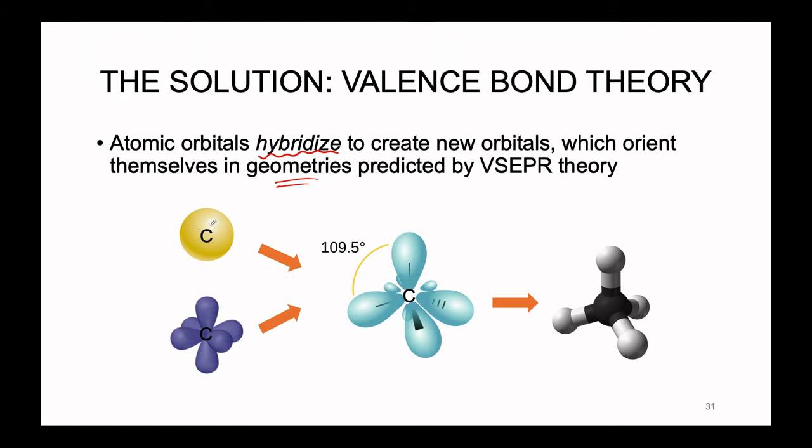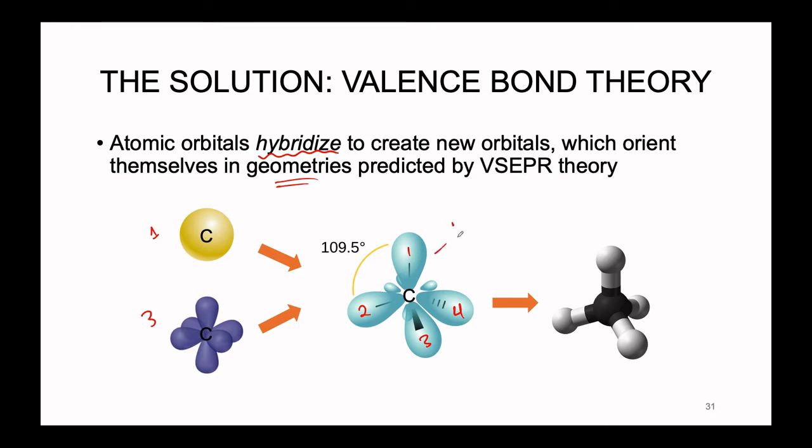So for example, if we take carbon's single 2s orbital, as well as its 3 2p orbitals, and put them in a blender and mix them together. So here we have one orbital, there's 3 orbitals. What we end up with at the end are 1, 2, 3, 4 new orbitals that are all positioned at 109.5 degrees apart from each other.